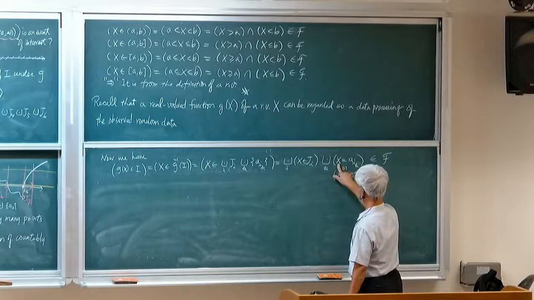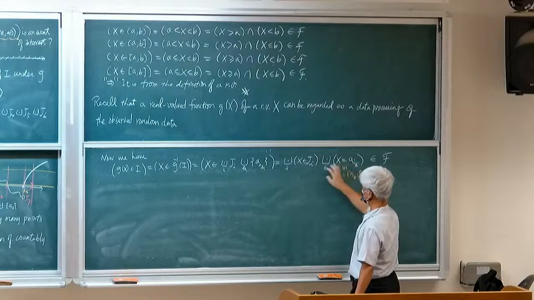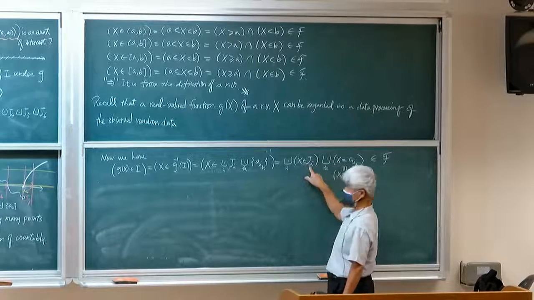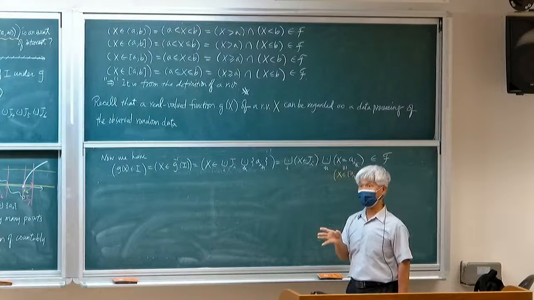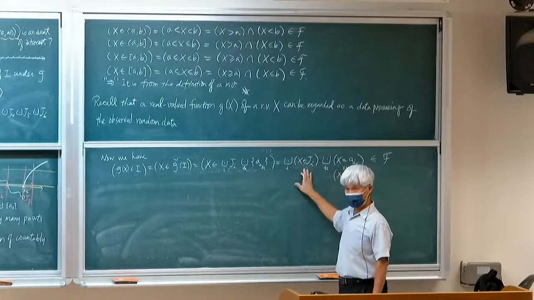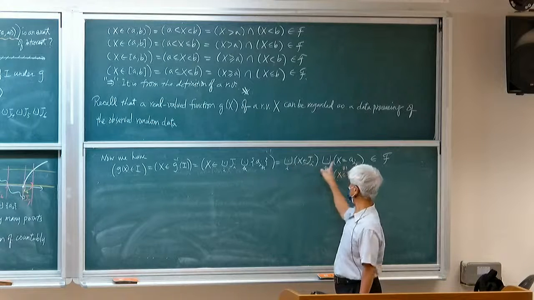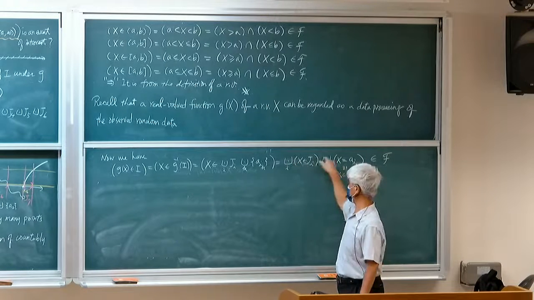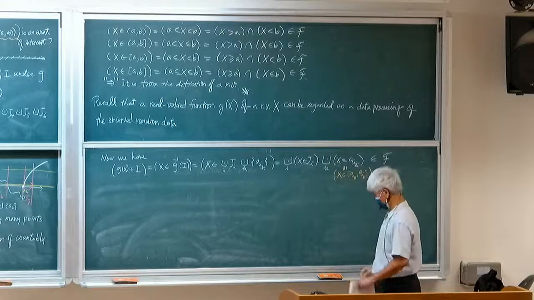As X is a random variable, this is an event of interest. And because each J_i is an open interval, this is an event of interest. And the unions are countable unions, so it's in F.